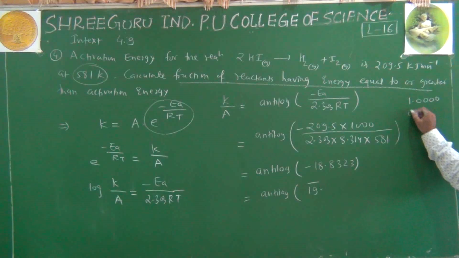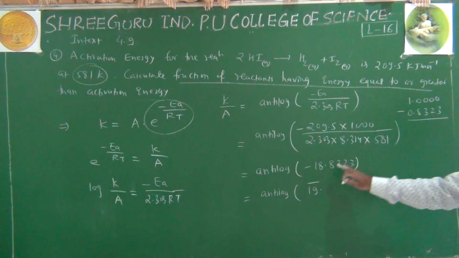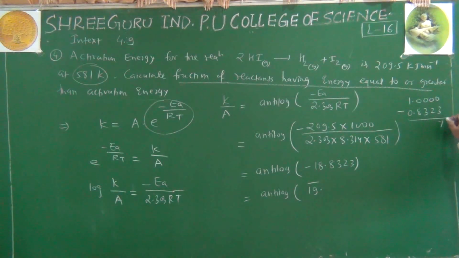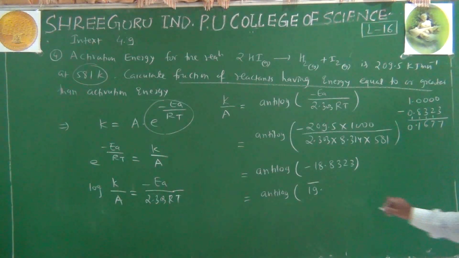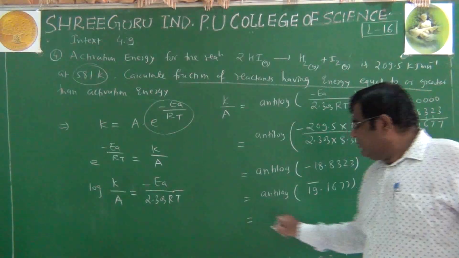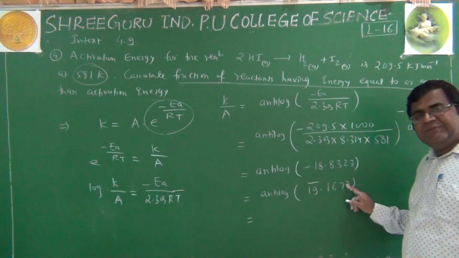So 1 minus 0.8323, we subtract it digit by digit from the number after the decimal point. It is 7, it is 6, it is 1, so we get 0.1677. Now we have to find the antilog of 0.1677 in the log table.